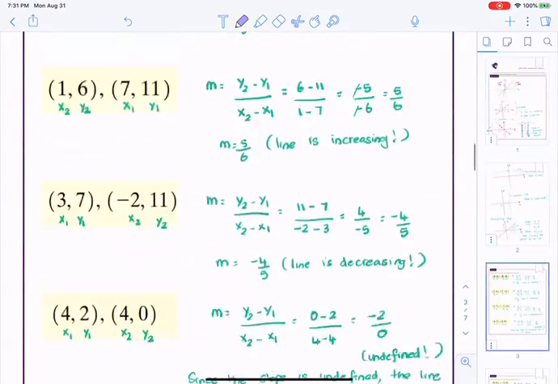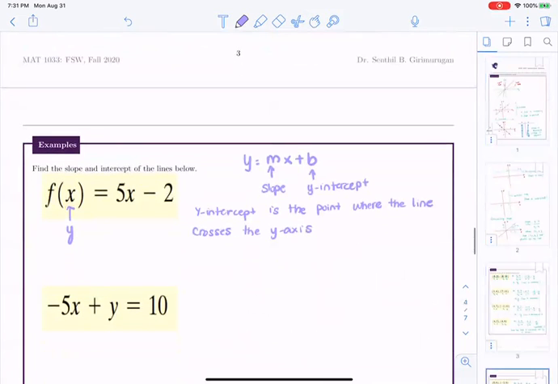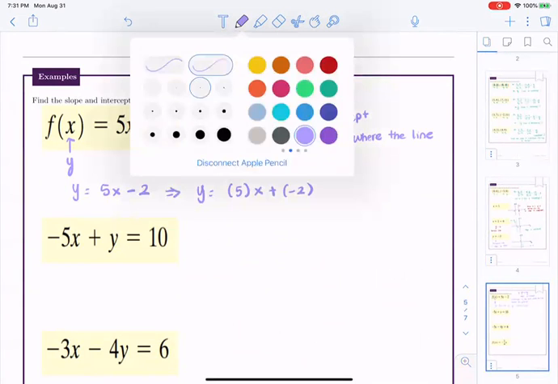So how do we find the y-intercept if we have an equation? If you look at this problem, I have y equals 5x minus 2. I can write that as y equals 5x plus minus 2. Plus times minus is minus.